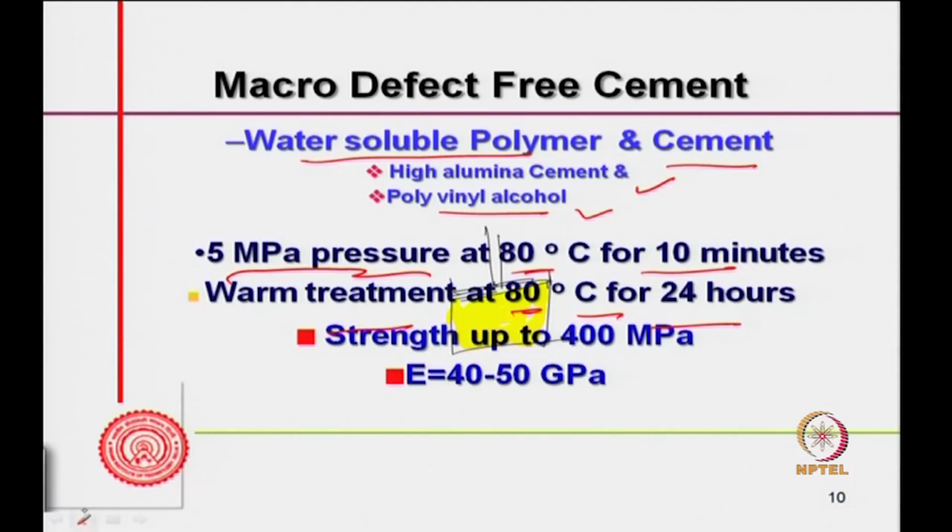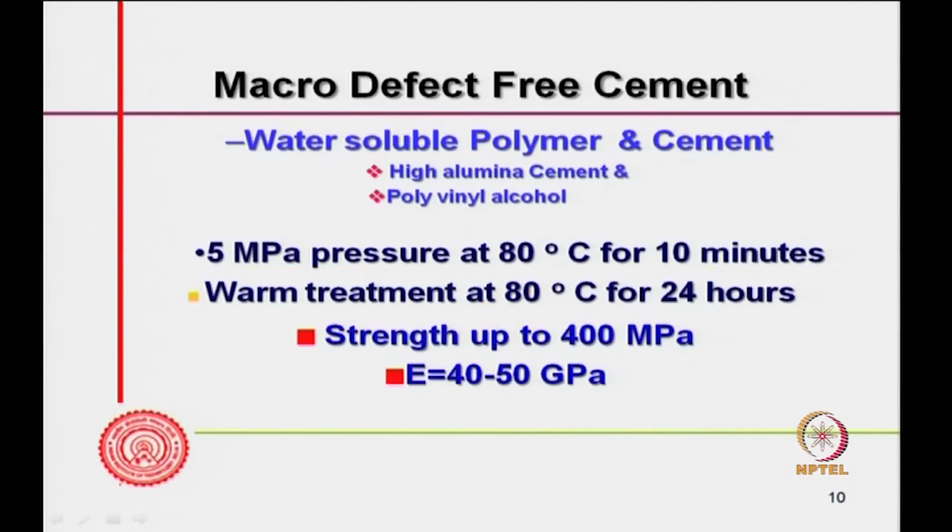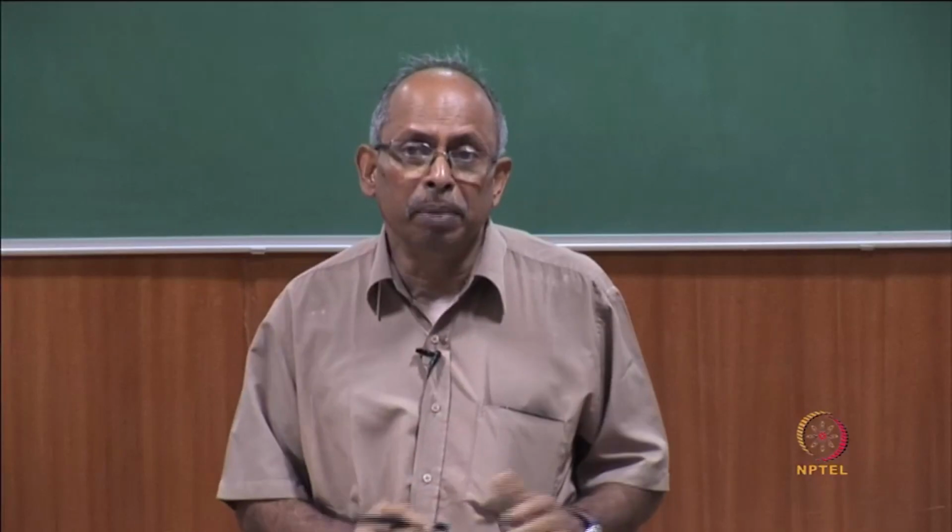Compressive strength could be as good as 400 MPa and modulus of elasticity 40 to 50 GPa. So, this is macro defect free cement.